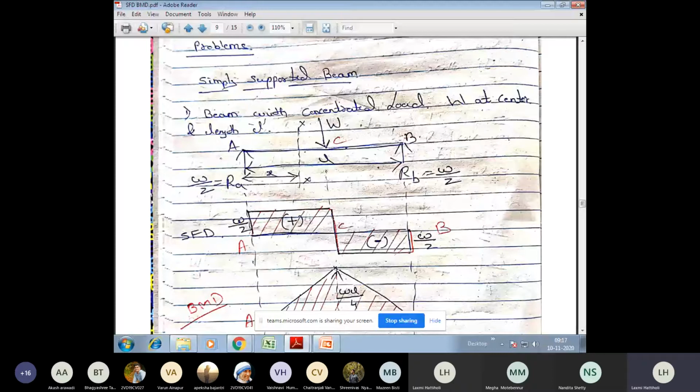Another formula is the relationship between bending moment and shear force. Can anyone define the relationship between bending moment and shear force? If you differentiate, you get, yes, bending moment, right? So M is equal to dF by dx, which we learned in yesterday's class.